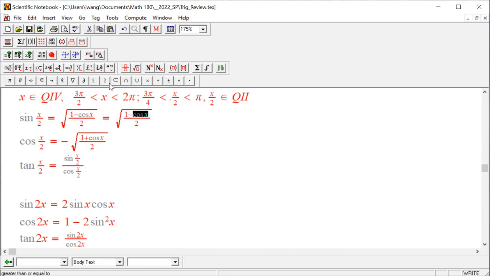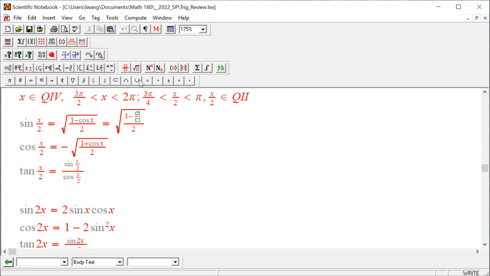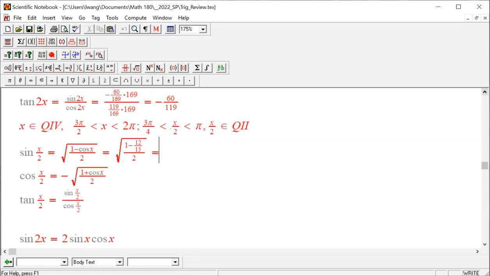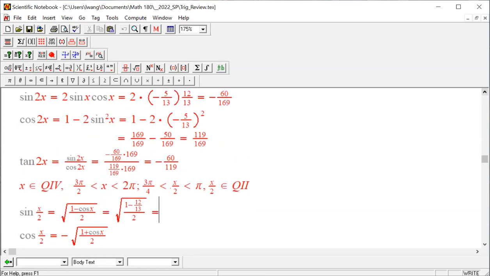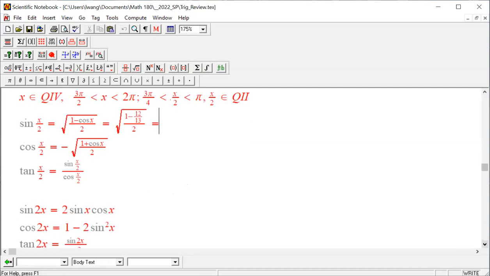What is the cosine x? It equals 12/13. Am I right? Yes, I think I am. Yeah, 12/13. Okay, just in case.